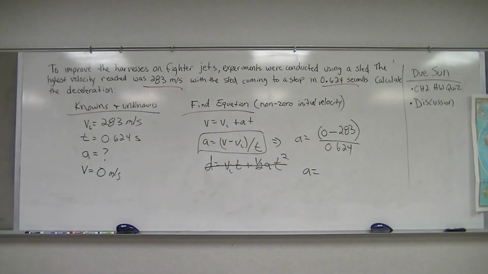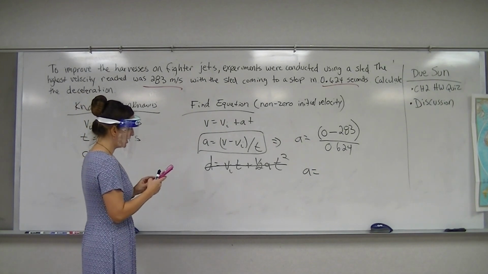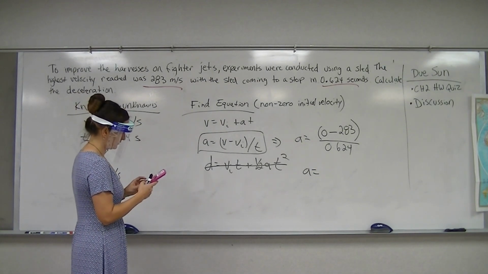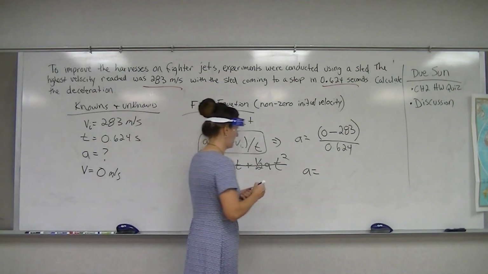So notice we're going to get a negative number, or a negative deceleration, because he's slowing down. So I said at the beginning that whenever you're slowing down, you should get a negative acceleration. When you're speeding up, you should get a positive. 453.5.